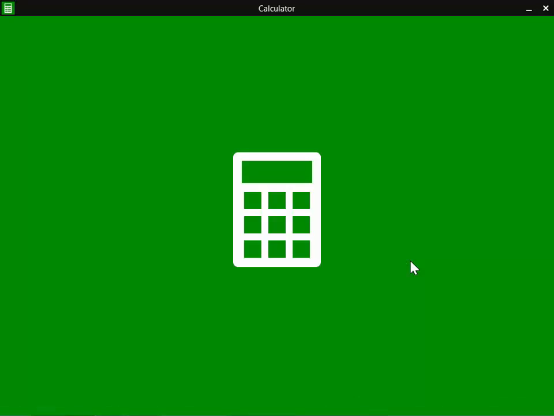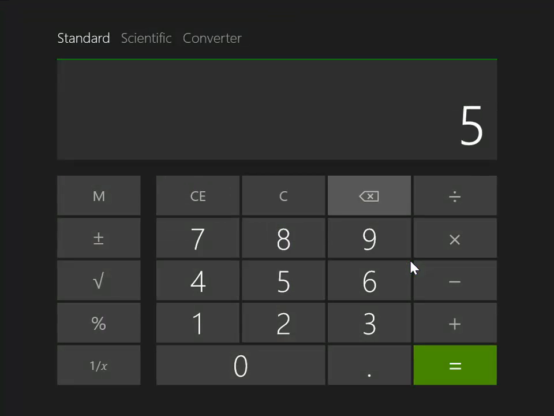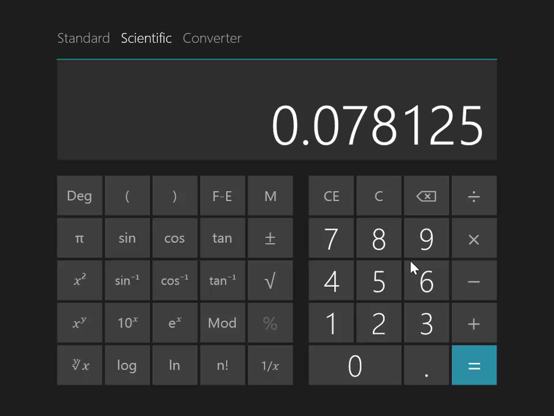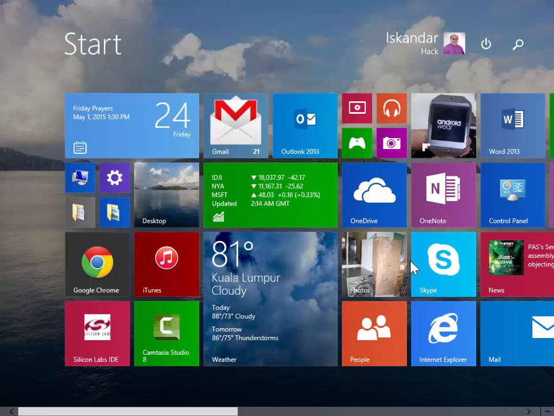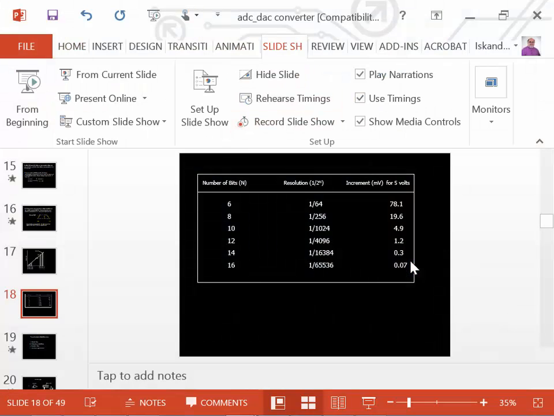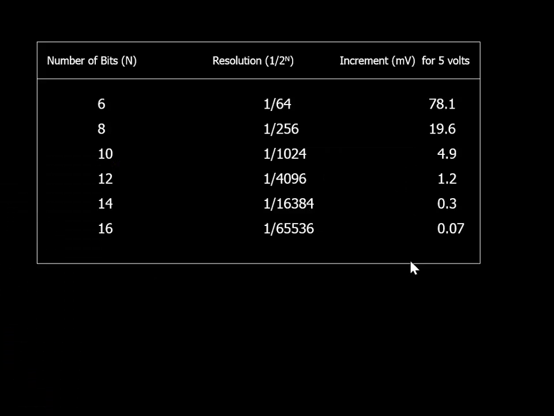Let me use my calculator. So 5 divided by 2 raised to the 6th equals 0.78. And that's where that 78.1 millivolts comes from.